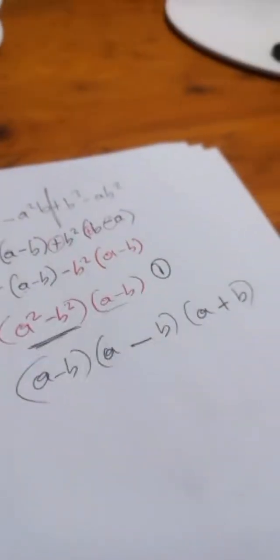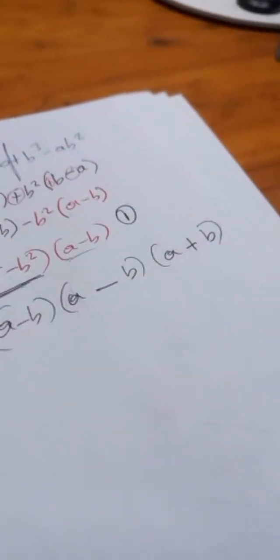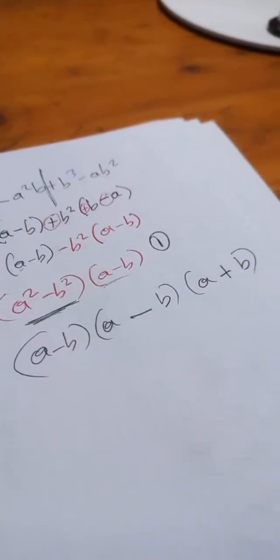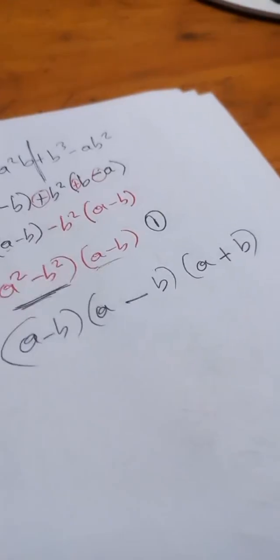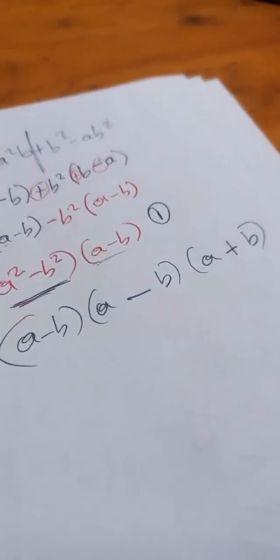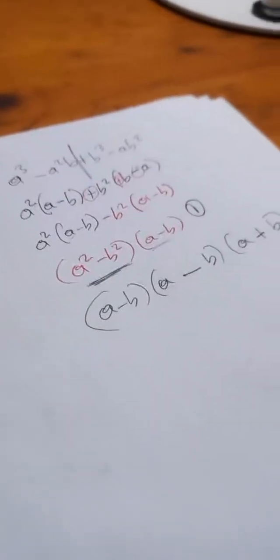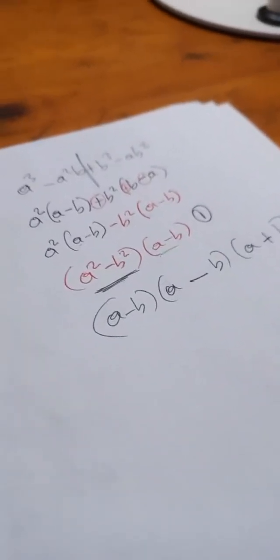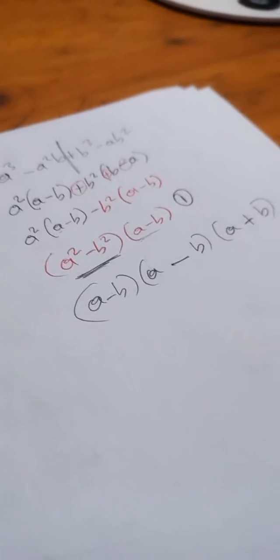Yes, it's taught in grade 9. It's taught in grade 9, but these kids in grade 9, they play too much, man. They play too much. So we did another one.